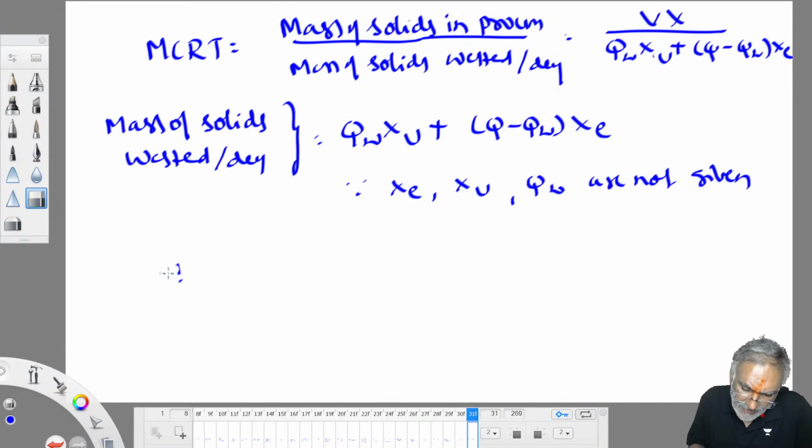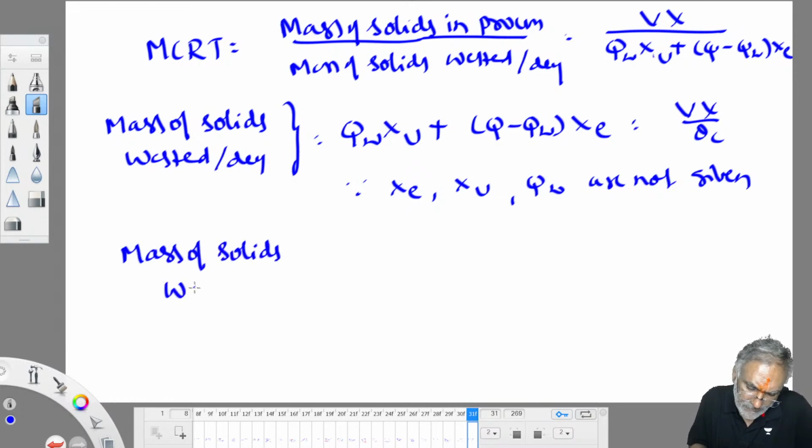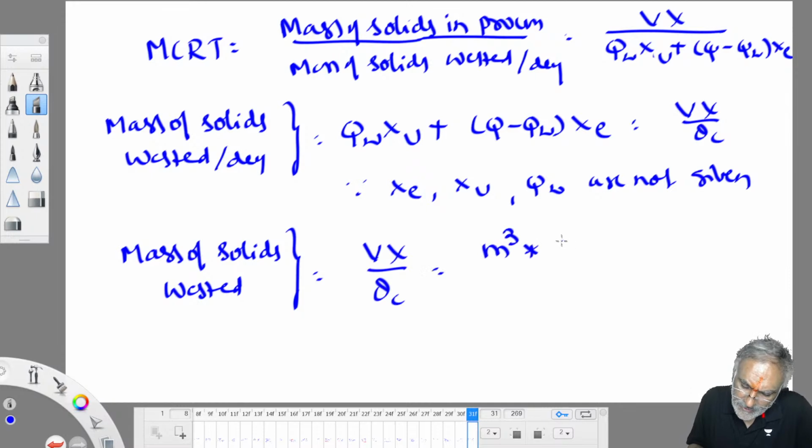So mass of solids wasted per day you can also work out by using equation Vx by theta c. Substitute V in meter cube, kilogram per day you require now. X in kilogram per liter.